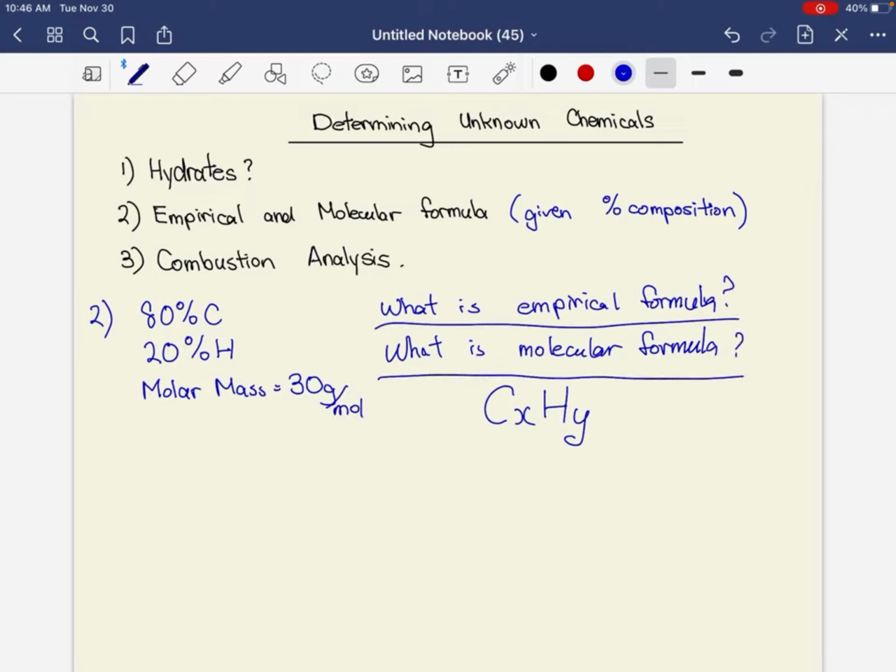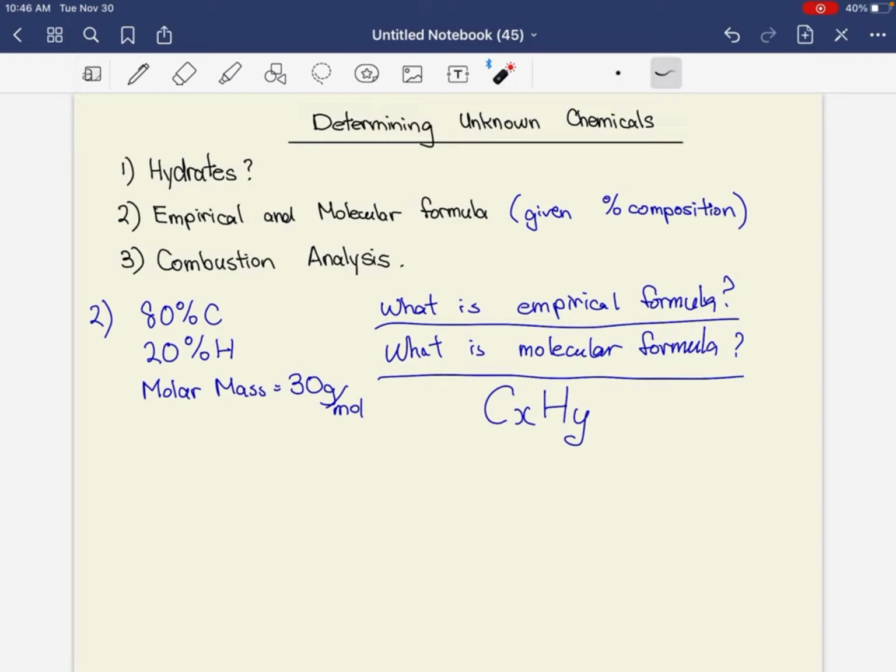Let's take a look at empirical formula first. And then, of course, we will look at how to get molecular formula out of the empirical formula. All right, let's get to work. So first, let's take a look at the percent composition. Well, we've seen percent composition before.